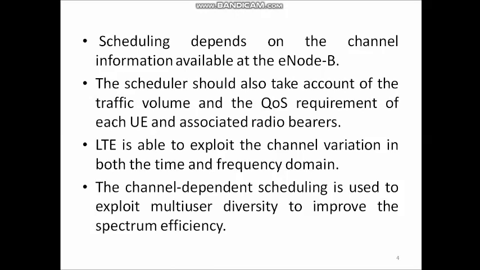And as we know, in LTE we use OFDMA and single carrier FDMA. Because of this, LTE is able to exploit the channel variation in both the time and frequency domain, and therefore, channel dependent scheduling is used to exploit multi-user diversity to improve the spectrum efficiency.